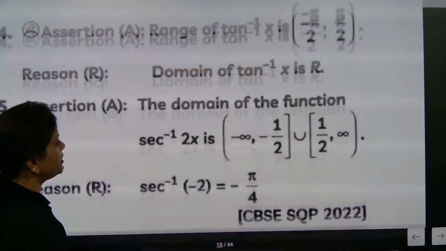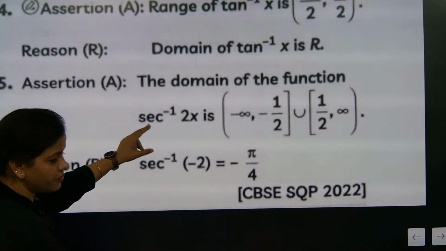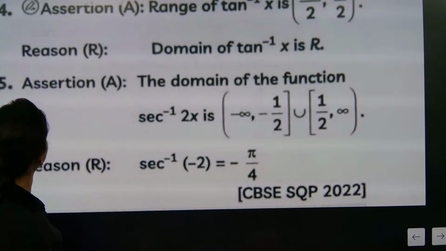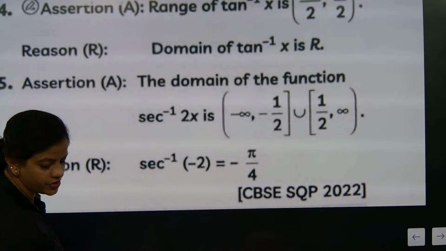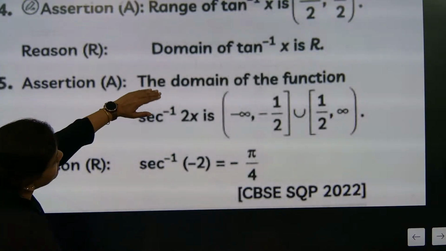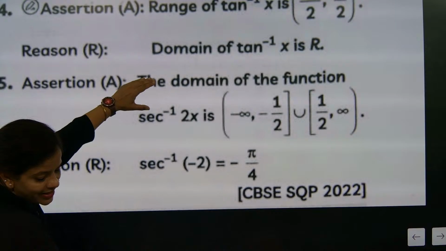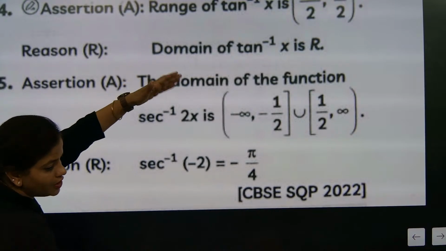This is option B. The domain of the function sine inverse 2x is given. Please kindly solve this question and tell me what could be the answer. When secant inverse x is there, it will go from minus infinity to minus 1, then 1 to infinity.